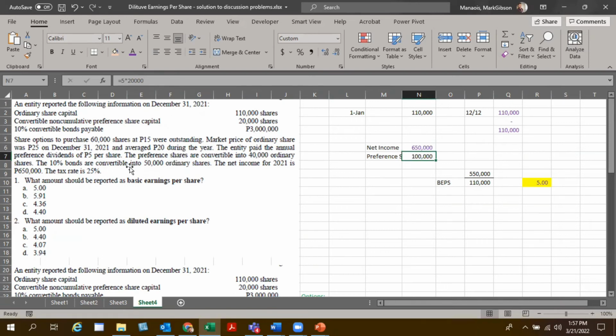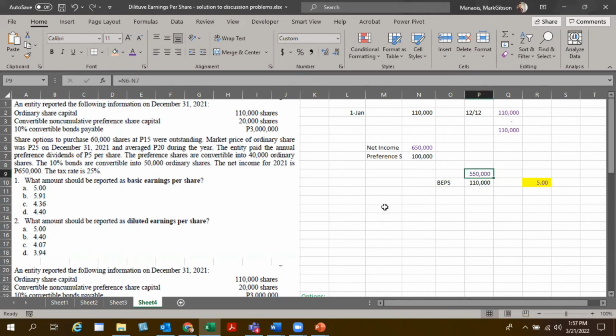So, the entity paid the annual preference dividends of 5 pesos per share. Kung hindi ito na-mention class, we're not going to pay dividend kasi it's non-cumulative. Tandaan, pag cumulative lang tayo magbibigay ng dividends, whether declared or not. Pag non-cumulative, it has to be declared before we calculate for it. So that's 650 less 100,000, so that's 550,000. Establish natin yung numerator natin.